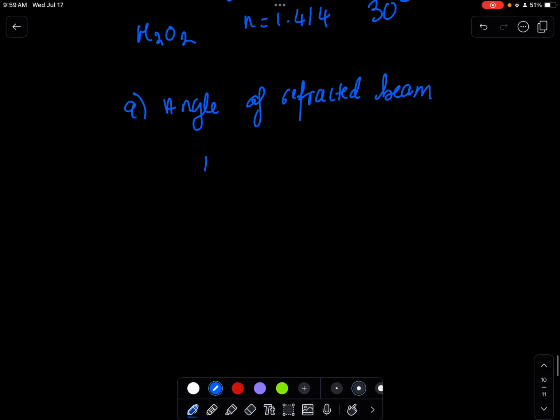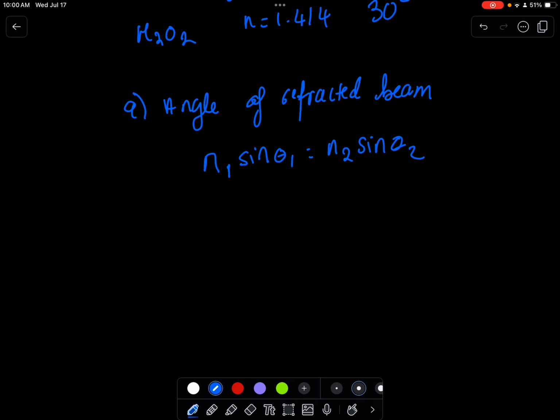So N1 sine theta 1 equals N2 sine theta 2. So where does that equation come from? How do we get that equation? So this is known as Snell's law, which is what I mentioned before. And one thing that you can do now is pause the video and see if you can actually derive this equation, understand why it works the way it does.